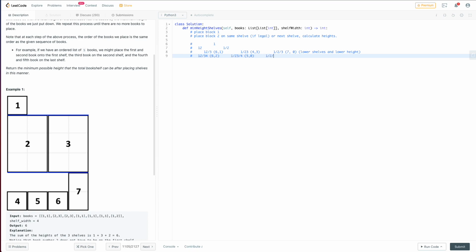But let's keep going, because then this one here would say 1, 2, 3, 4, which would be 7, and then 1, or it could be 1, 2, 3, 4, which would be 8 and 0.